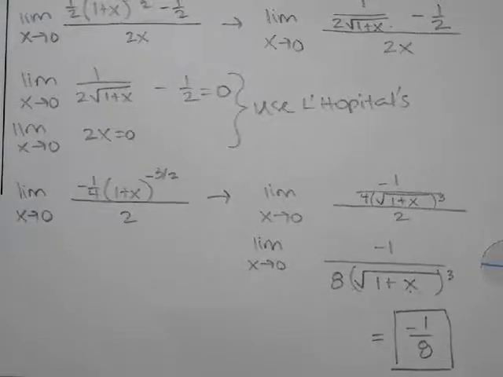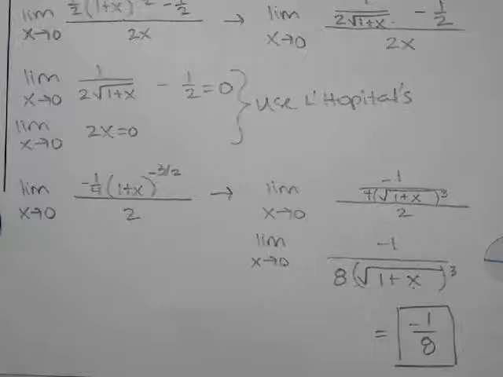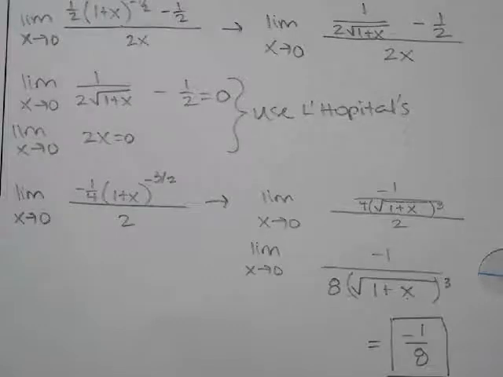Yeah. Okay. So don't use L'Hopital's again. You don't use L'Hopital's again because, remember when we were doing that first unit, how we would try to do direct substitution and it wouldn't work? And that would tell us to use one of the other methods. It would tell us to expand, to factor, to do something else. But then as soon as we got stuff canceling and we could do direct substitution, we would.